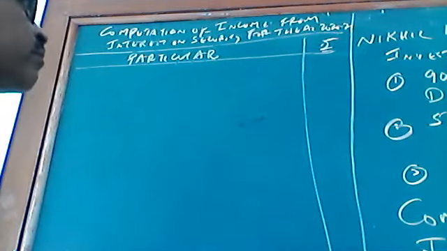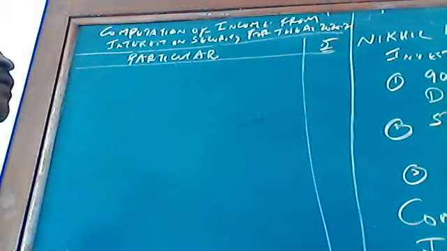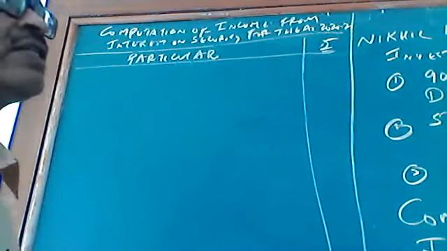Okay. Now, in the problem, he has given tax-free debentures of listed company. That means it's a tax-free commercial security.